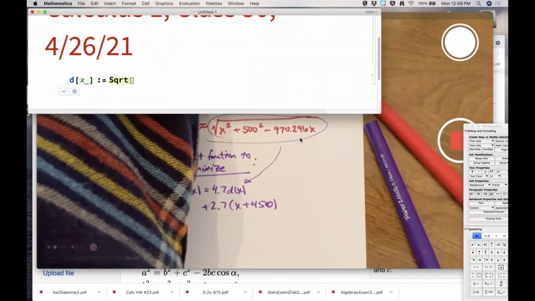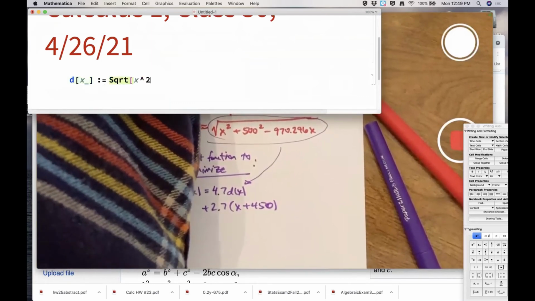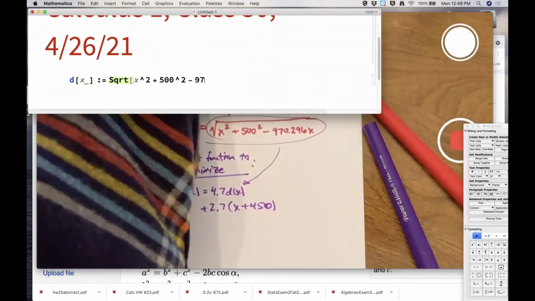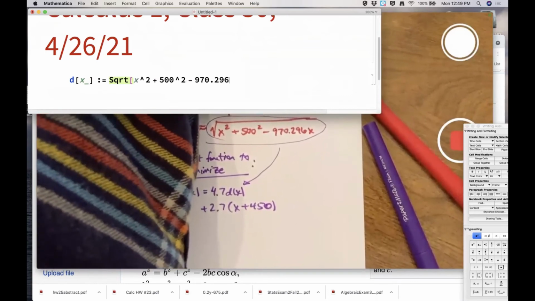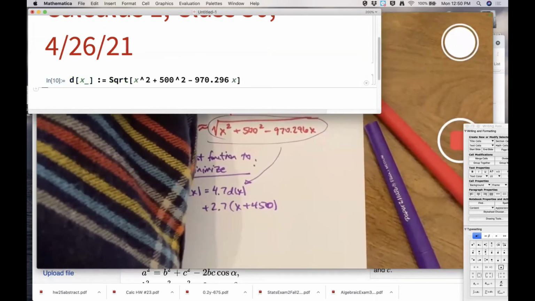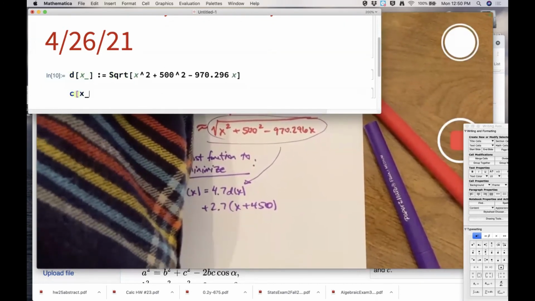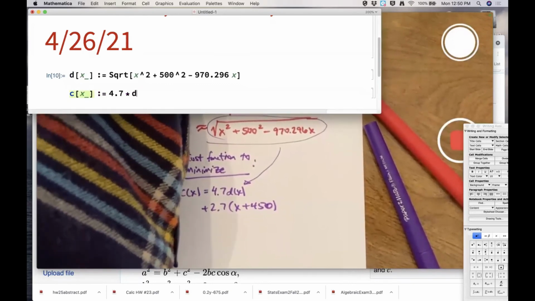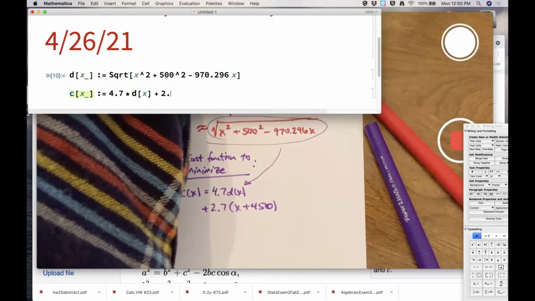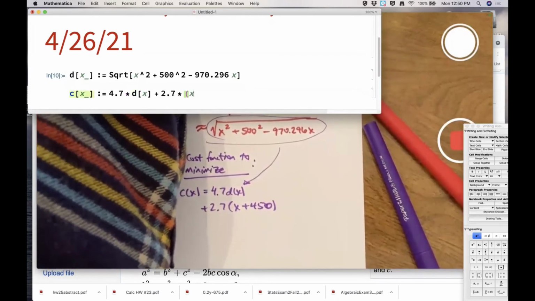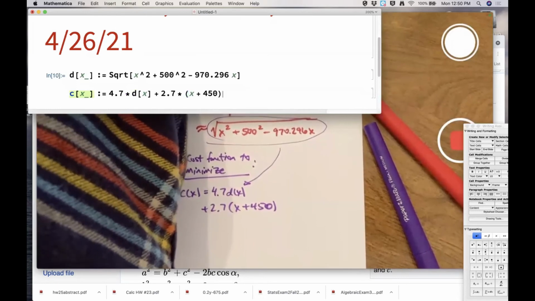I can do SQRT with a capital S. X squared plus 500 squared minus 970.296x. And then the c of x is 4.7 times d of x plus 2.7 times x plus 450.